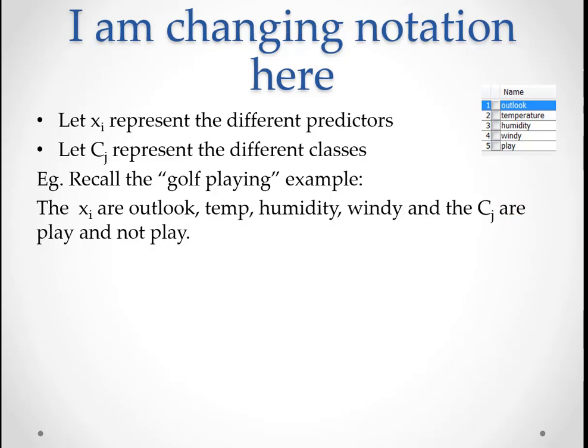So we'd only have C1 and C2 in that case. And we saw that we could write the probability of one of the classes, for example, white chocolate or dark chocolate. Those are the different values for the class variable, given values for the input variables or the predictor variables.